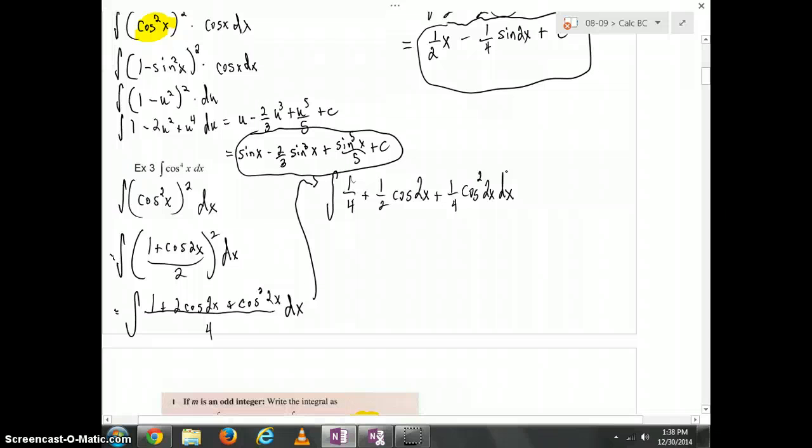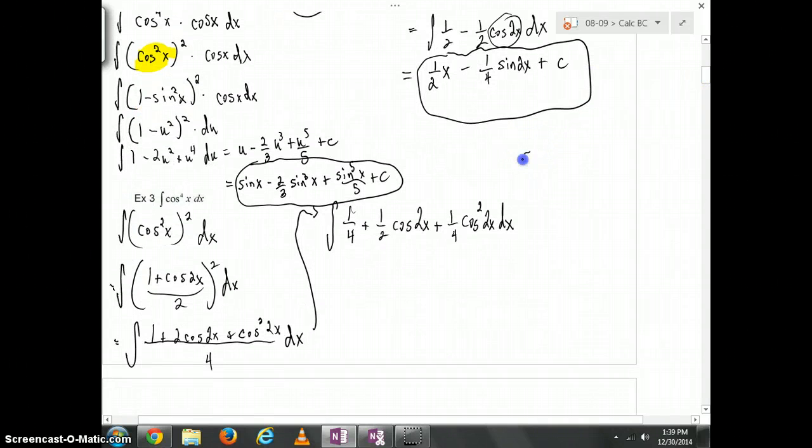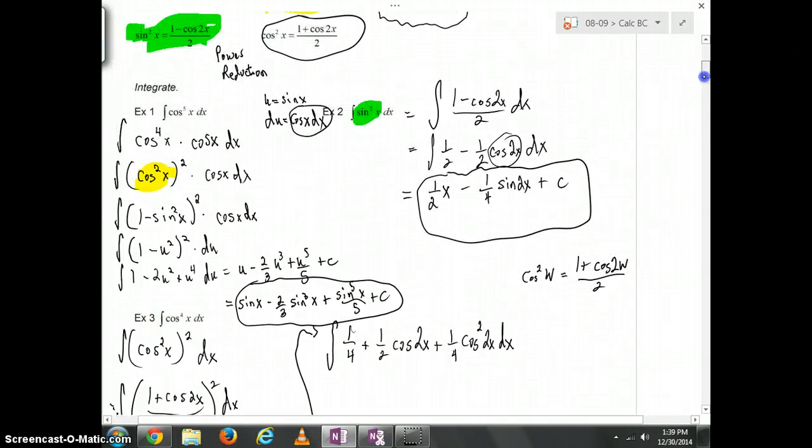Please understand that another way to write this power reduction formula, if you look back up here, what I've just circled, let me just say that I wrote cosine squared of w would equal 1 plus cosine of 2w all over 2. And you might wonder why I changed the variable from an x to a w.